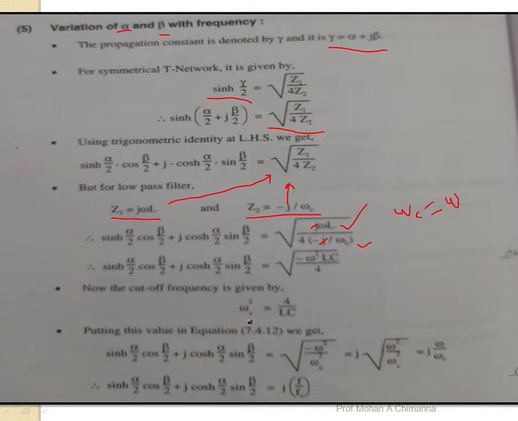In the case of the cutoff frequency, omega c square is equal to 4 upon LC.